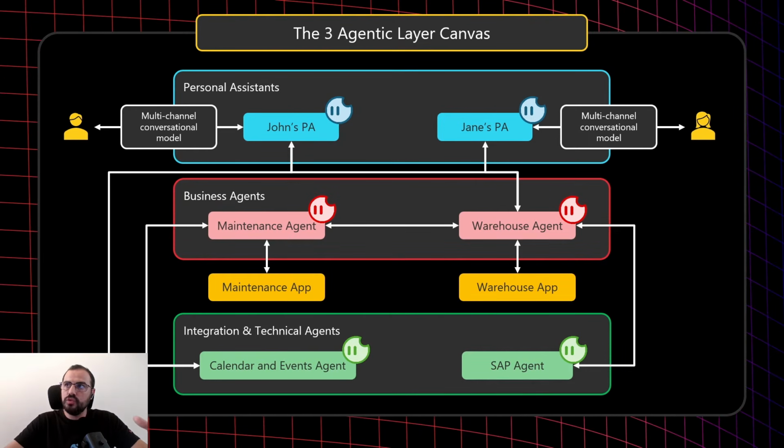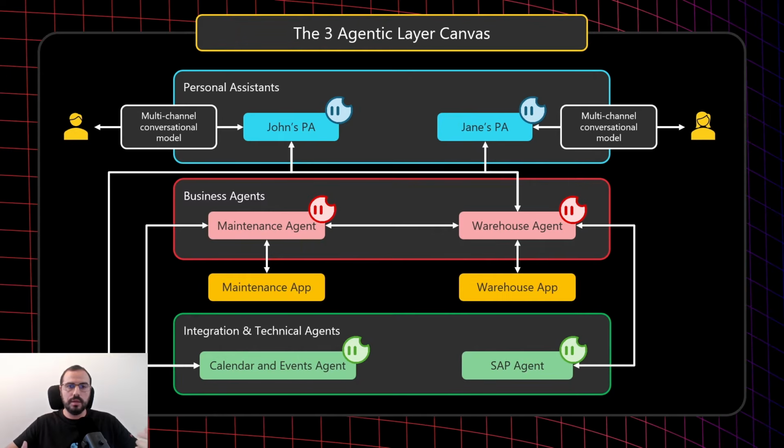And if we look into the three agentic layer canvas, you can see that it is very common in a business that converts or wants to convert to an agentic architecture. It is very common to have these layers of agents where we have personal assistants that are really close to the user and they are more targeted to talk with the user and to build a relationship with the user.